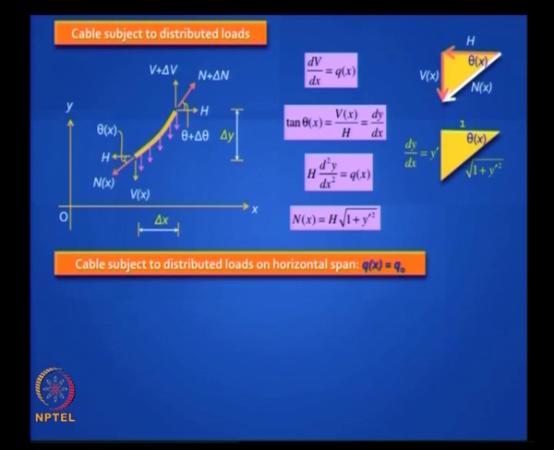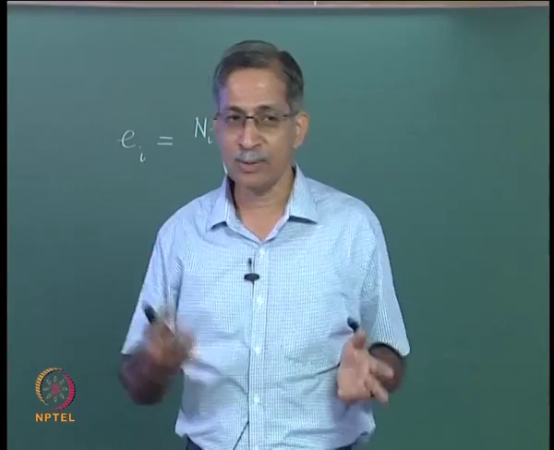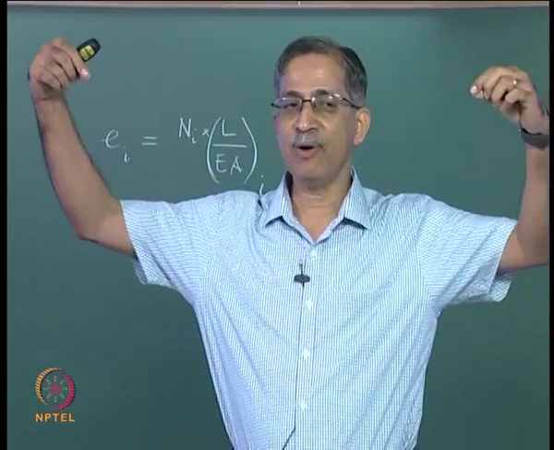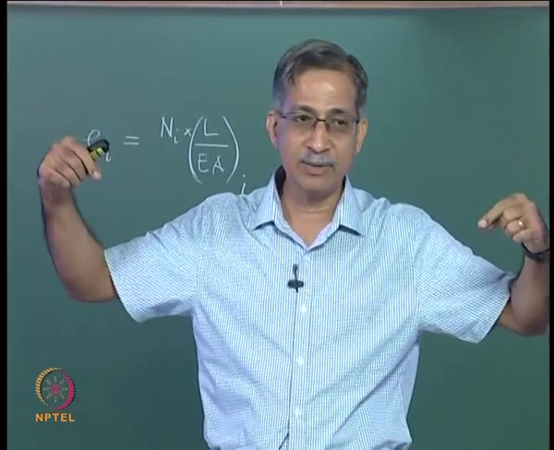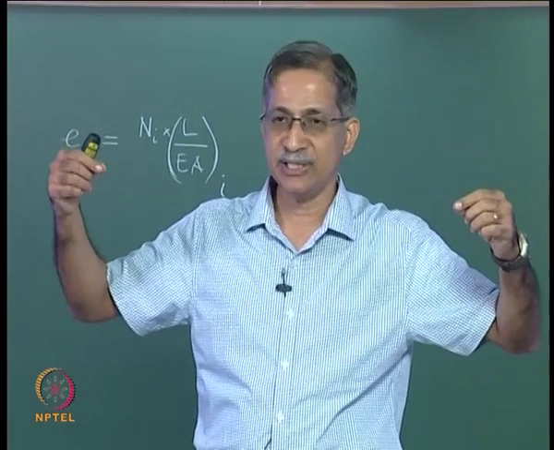One is uniformly distributed along the horizontal span, the other is uniformly distributed along the curved span. When do you encounter these two cases? Well, self weight is uniformly distributed along the curved span, and the shape of that cable is called catenary, from the word catena, which means chain.